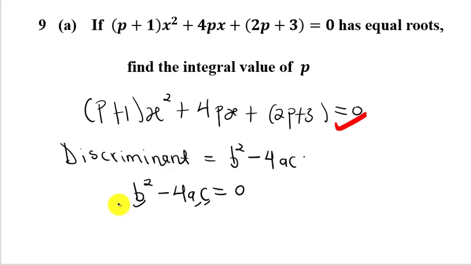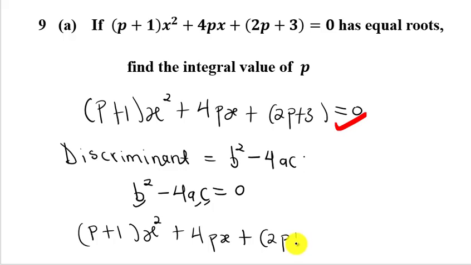So we have (p + 1)x² + 4px + 2p + 3 = 0.